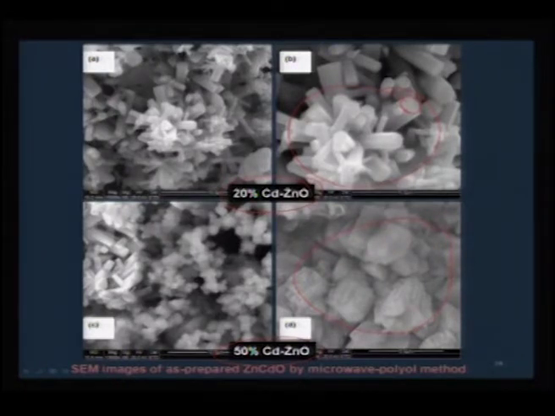This is amorphous in nature, so it will not show up in your X-ray as an impurity peak. Therefore, we need to take care as to how the decomposition temperatures can affect the final oxide formation. I will show in the next few slides another example of magnesium hydroxide doping in zinc oxide.